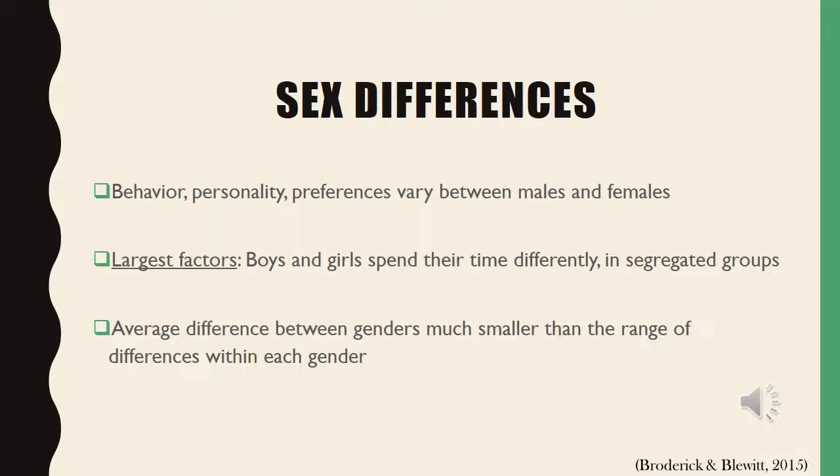And so individuals in early development, middle childhood, adolescence, even early childhood, the range of behaviors that are maybe typical or common or appropriate is quite vast for each gender.